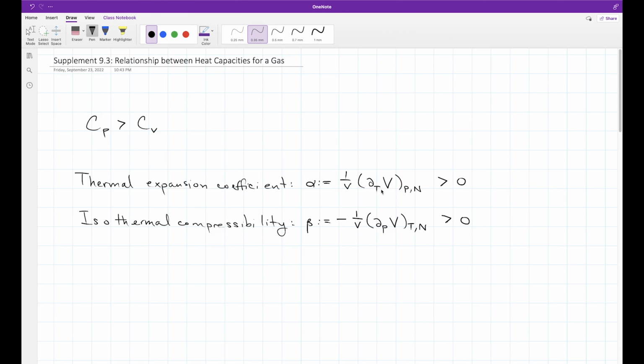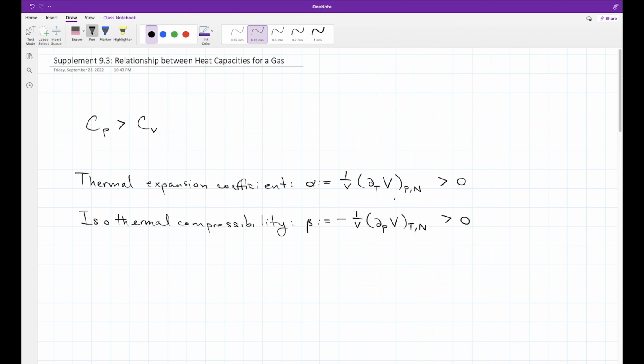And if it is, then this will be positive. Similarly, imagine that we increase the pressure on a gas at constant temperature. Well, increasing the pressure is very likely to make the volume decrease. And if that's the case, then this partial derivative would be negative. The negative sign out here makes beta positive. So that would justify that beta is greater than 0.